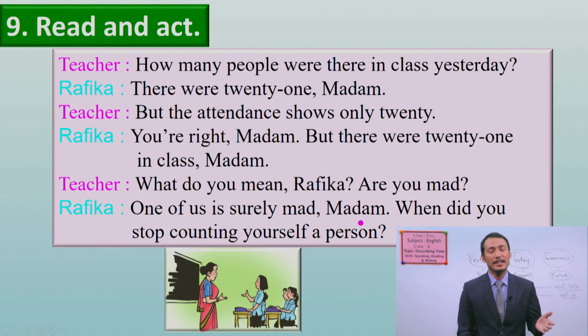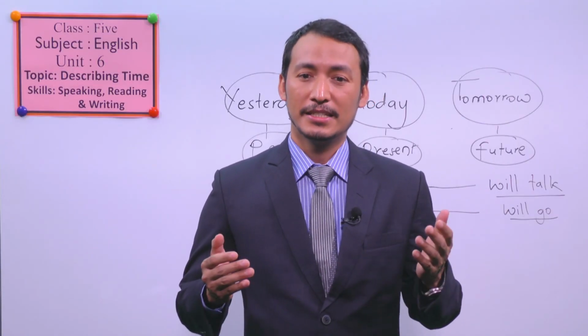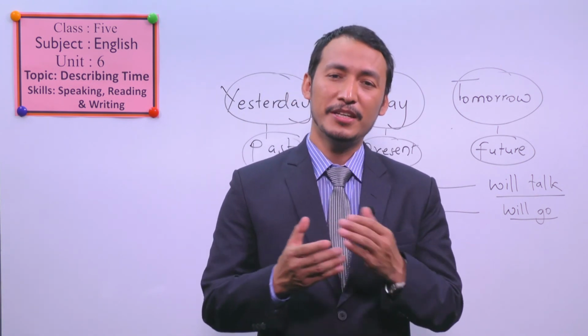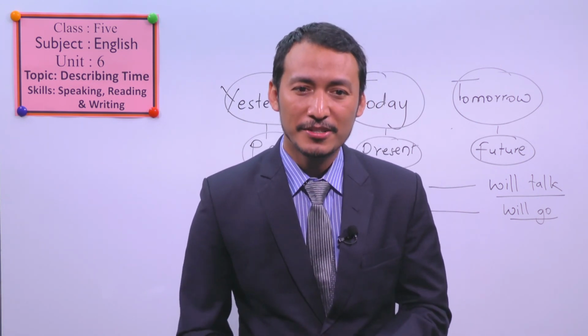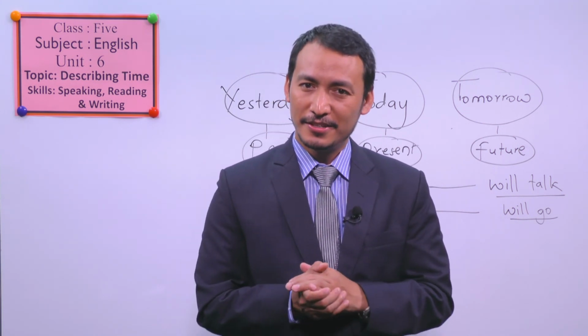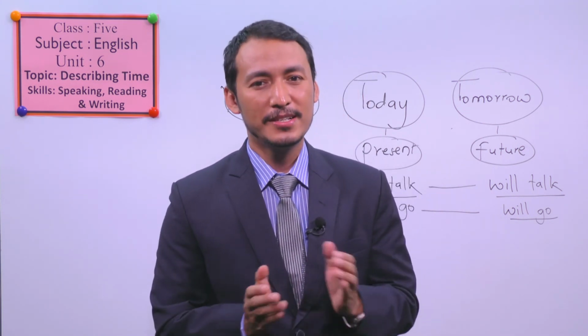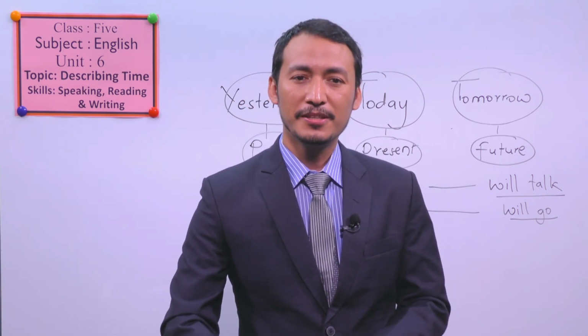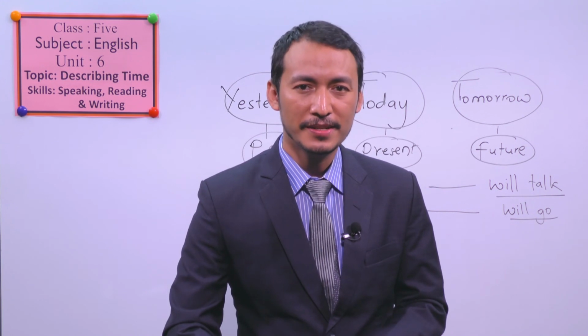Here, what Rafika says is that the teacher forgot to count herself, and she said there were 20 people because she had 20 attendance, right? So actually Rafika was right, right? Did you get the story here? Okay, students, you can practice reading this conversation with your friends or brother and sister.